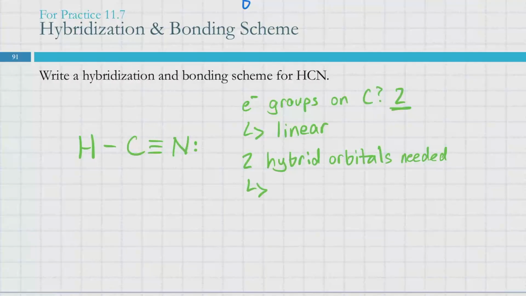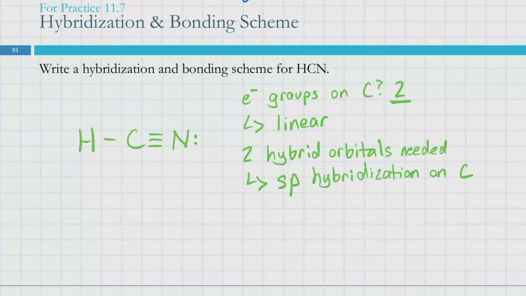So we're going to start with S. That's 1. We need 1 more. P. So it's sp hybridization on the carbon.